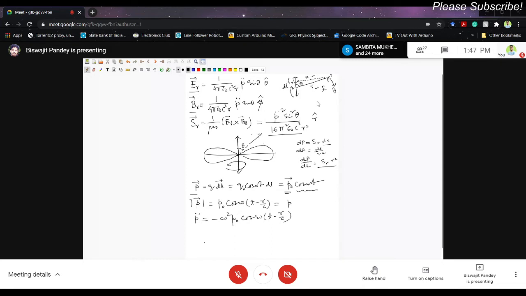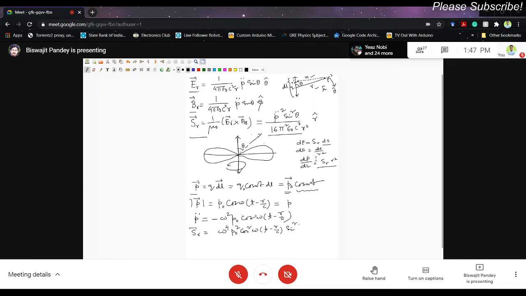Now, if I ask you what will be the time average value of the Poynting vector, we have already calculated the Poynting vector. You can put this: S equal to p double dot square. Now, minus, if you take a square, that will become plus, omega square will become omega to the power 4, and then we have p0 square cos square of omega t minus r by c.